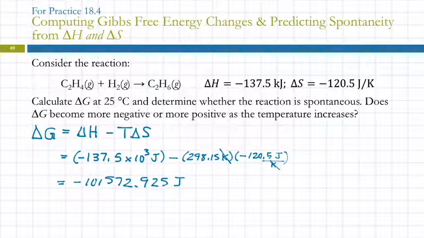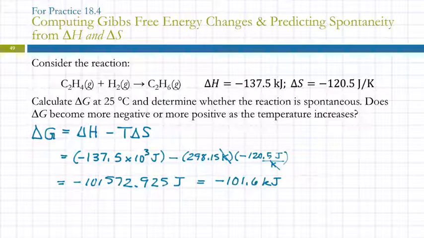So it might be nice to put that into kilojoules. So minus 101.6 kilojoules. Is it spontaneous? Yes. Delta G is negative, so it is spontaneous.